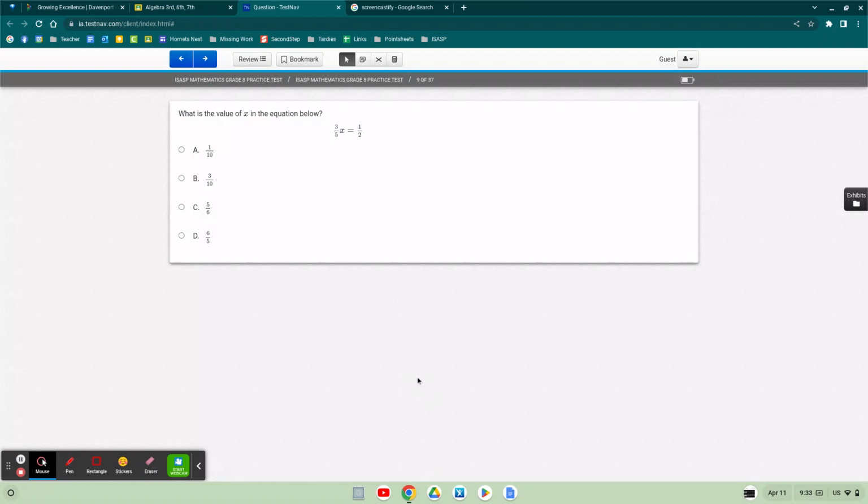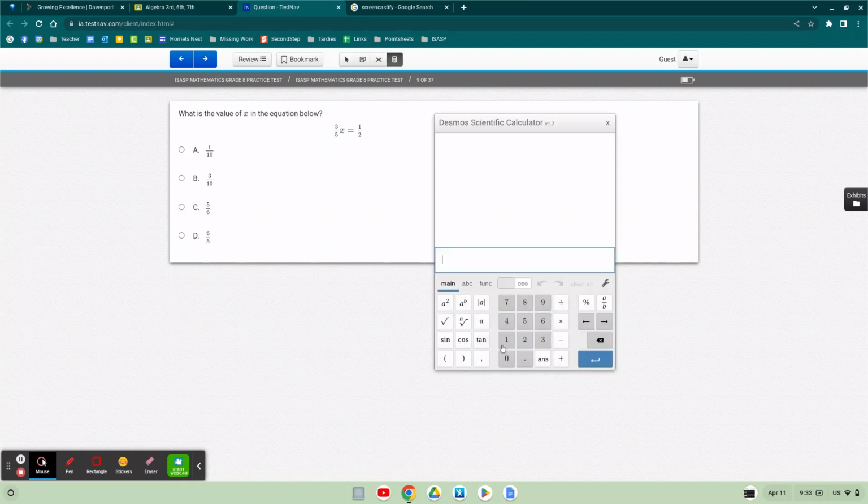All right, let's do one last one and then we will move on to our notes for the day. Okay, what is the value of x in the equation below? So we're trying to get x by itself. The opposite of multiplying by 3/5 is to divide by 3/5. So we have 1/2.